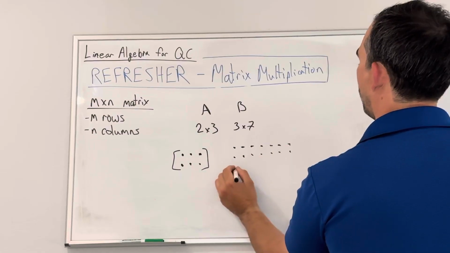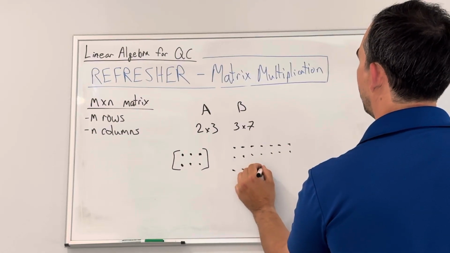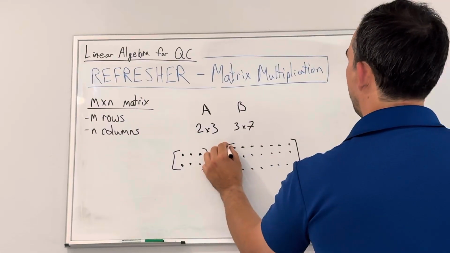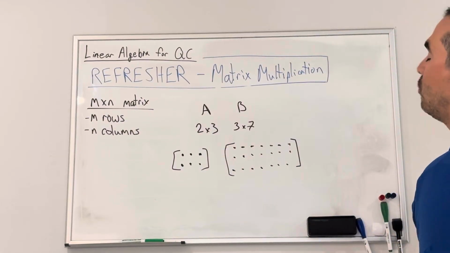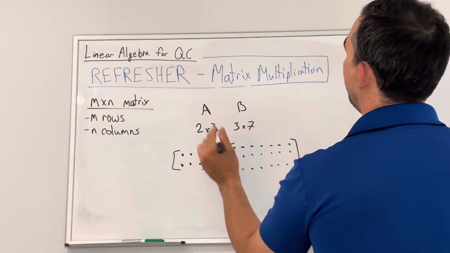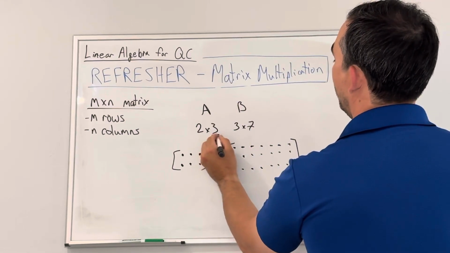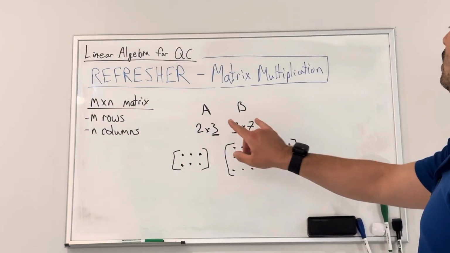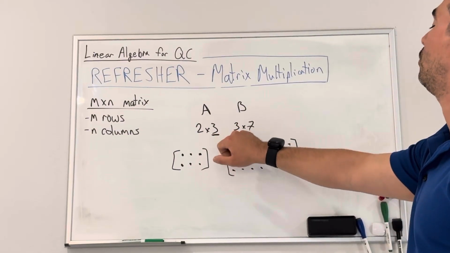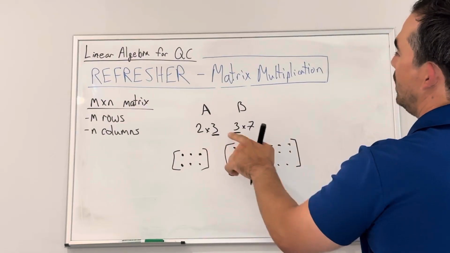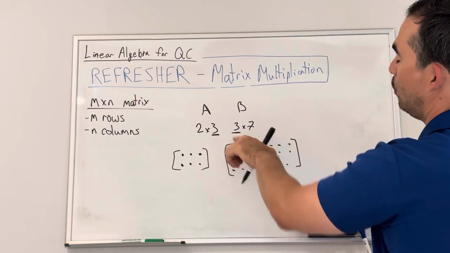If I want to multiply A times B, I have to make sure that these middle numbers are the same. The columns of A have to be the exact same as the rows of B.